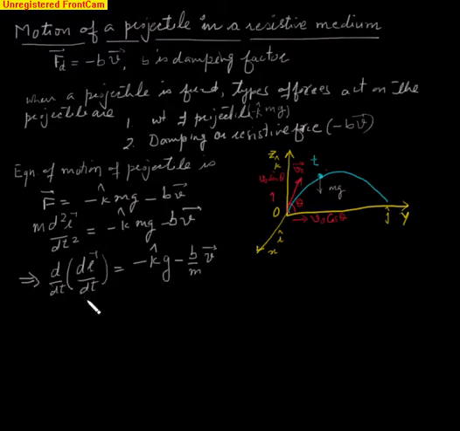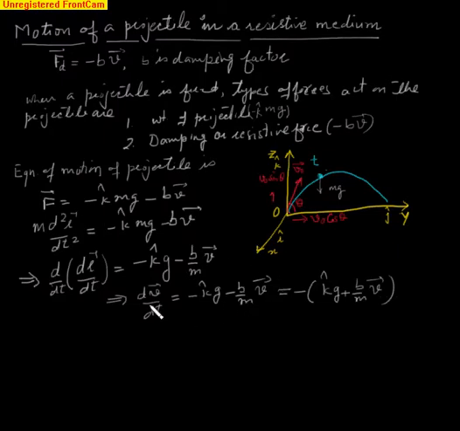But we know that dr by dt is velocity, therefore I can write dv over dt is equal to minus k g minus b over m v vector, where the negative sign can be taken out, and we can write k g plus b over m into v vector.